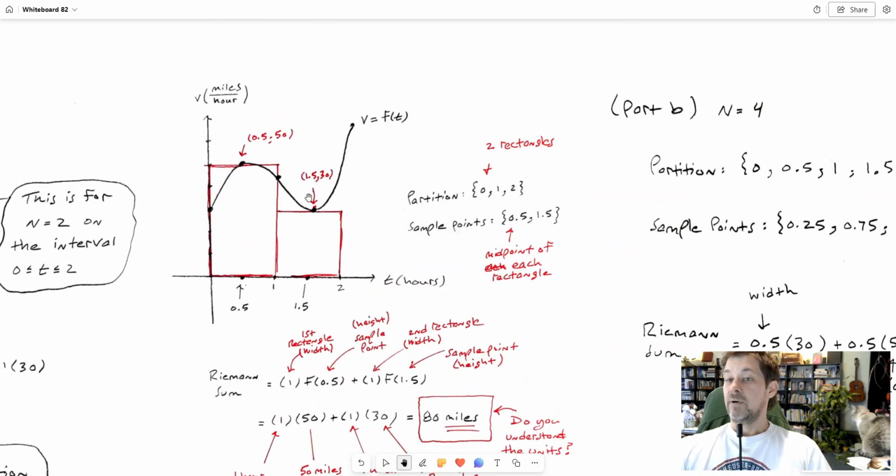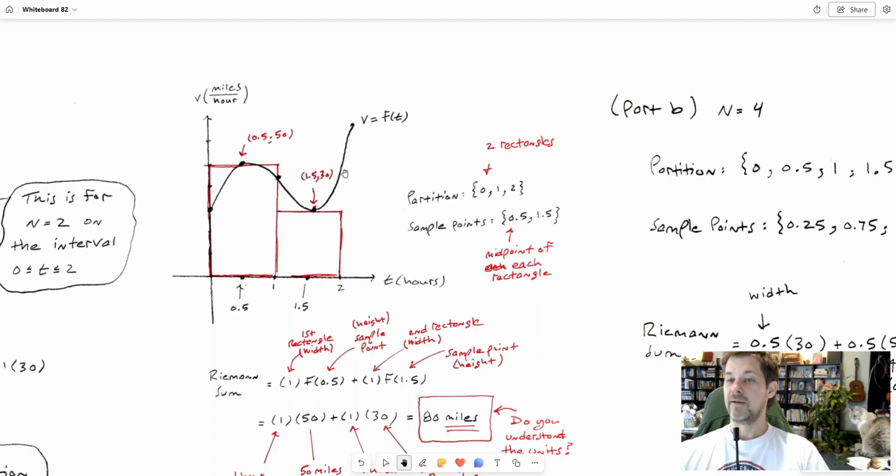So at this point, I will actually draw a rough sketch of that function where velocity is a function of time. Okay, I drew this with the ruler and I measured everything out, so the scale is good on it. It looks like this. And what the partition does is divide this interval on the horizontal axis with the independent variable into two rectangles.